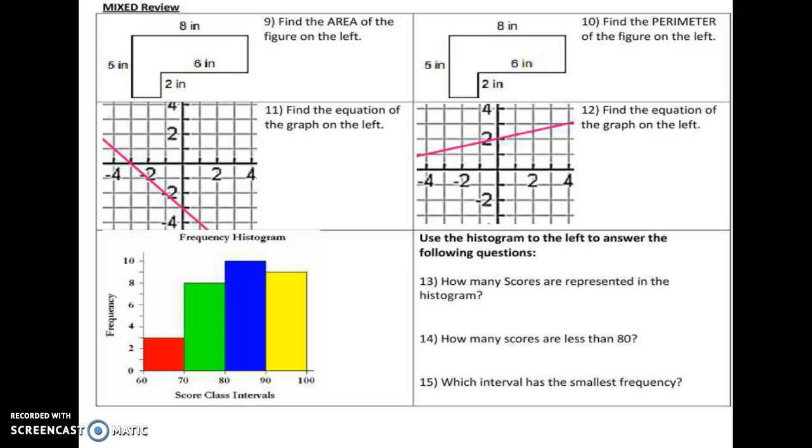Find the equation of the graph on the left for number 11. If you want the equation of a line, we have to find the slope and we have to know the y-intercept. So in this case, it's nice because there's points that hit right through that y-axis. Here's our y-axis and the y-intercept is -3.